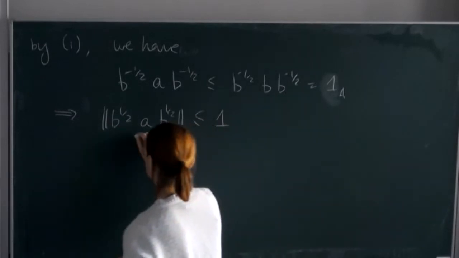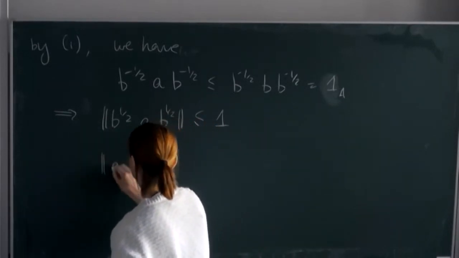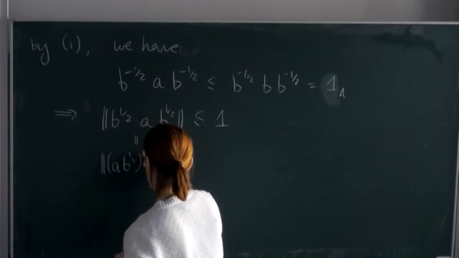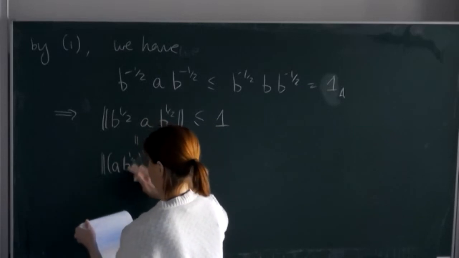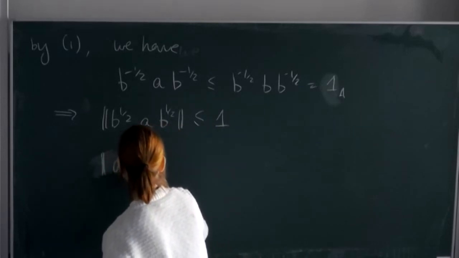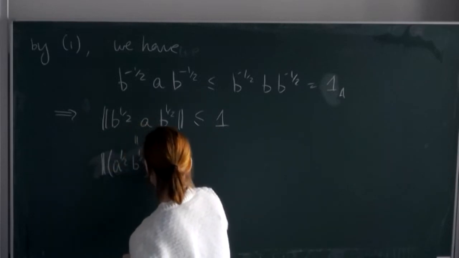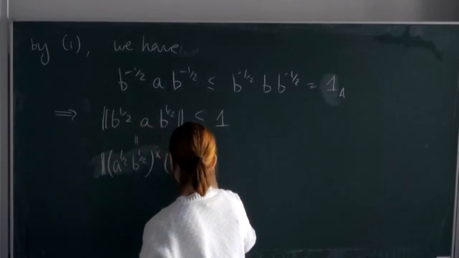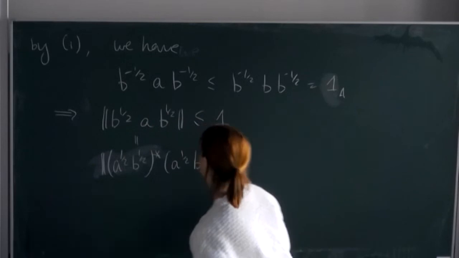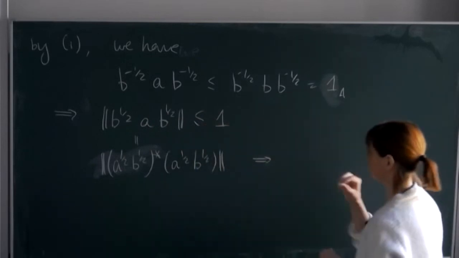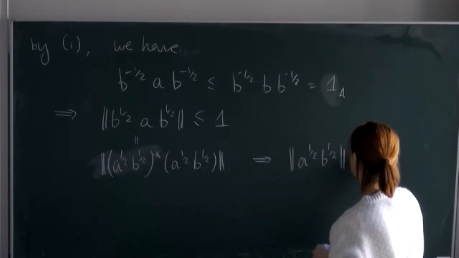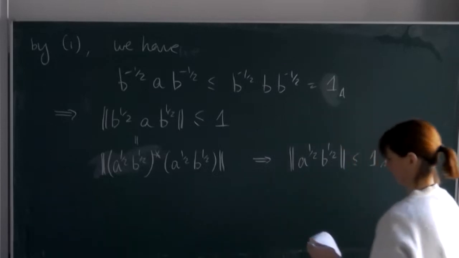And what is this? This is A half, B to the minus half. So in particular, this means that this element A half B to the minus half also has norm at most 1.